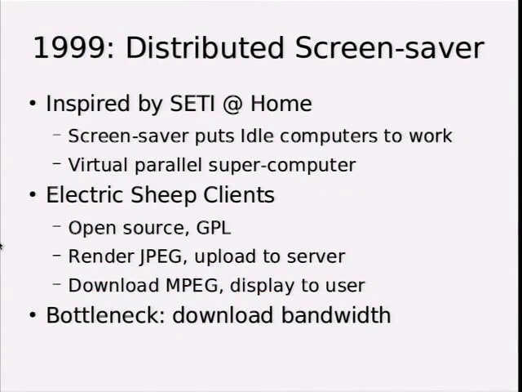The Electric Sheep client, the first one, was written about a week later, and it's open source, it's GPL. Pretty much the way it works is, when your screensaver comes on, your computer contacts the server and says, give me work to do, and it downloads a genetic code. The server gives you something to render.